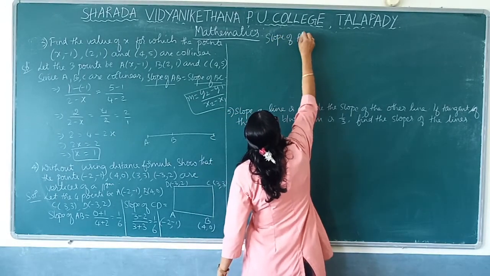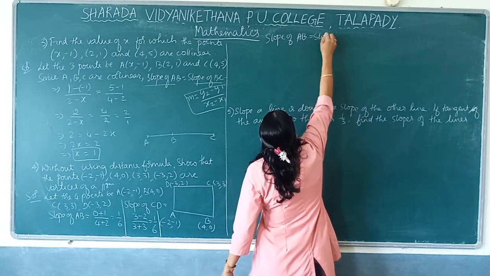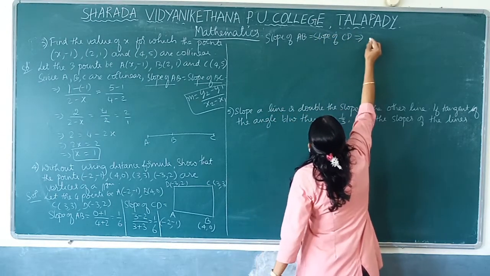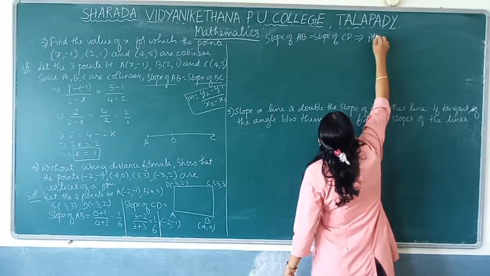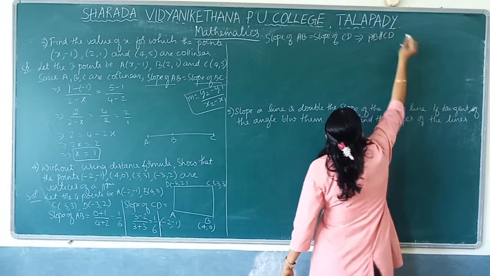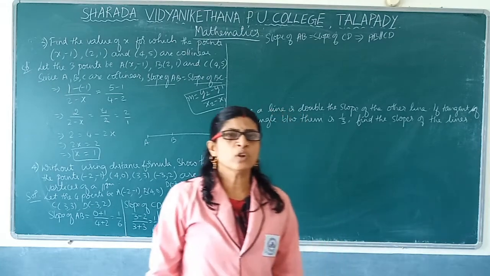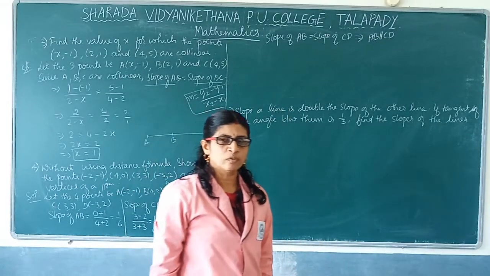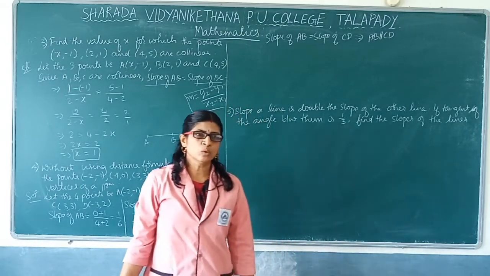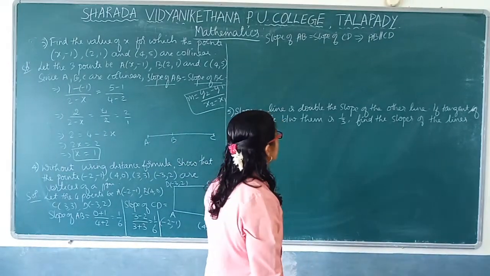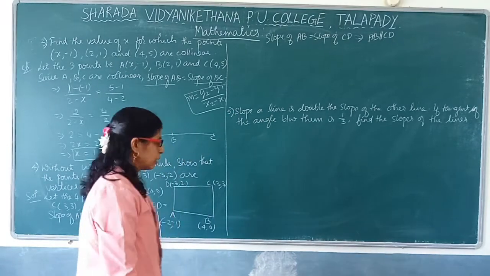Implies AB is parallel to CD. We have seen the result: two lines are parallel if and only if their slopes are equal. Means the converse is also true. If two lines have equal slopes, they are also parallel. That concept we are using, the converse, here.